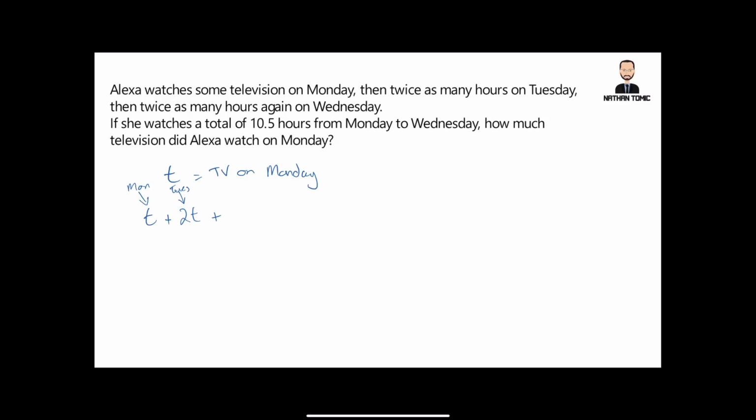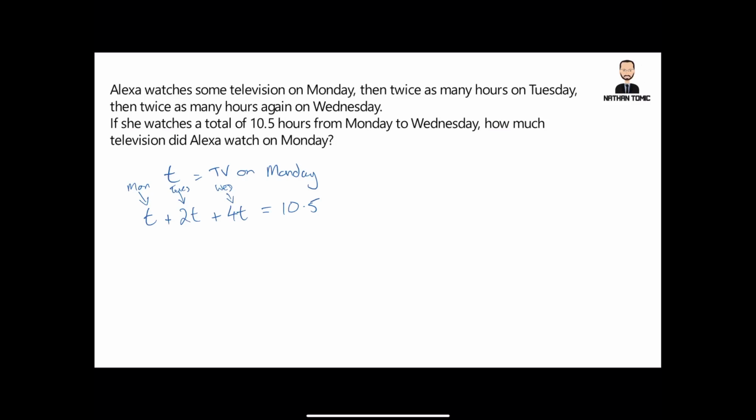It's twice as much as what she watched on Tuesday. So if you already double it on Tuesday and double it again, that is 4T. So original amount T, double to get to 2T on Tuesday, doubled again to get to 4T on Wednesday. So that's our Wednesday amount. And that is equal to 10.5 hours.